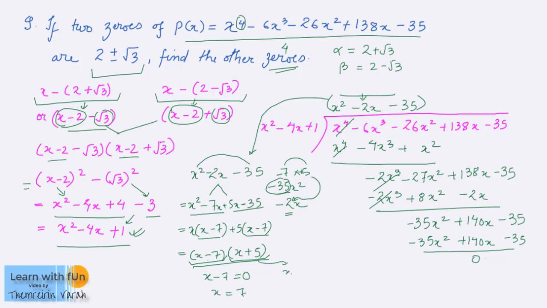Similarly x plus 5 equals 0, equate, and the x value is minus 5. So when x is 7 and when x is minus 5, the value of px is 0. So therefore the other two zeros are 7 and minus 5.